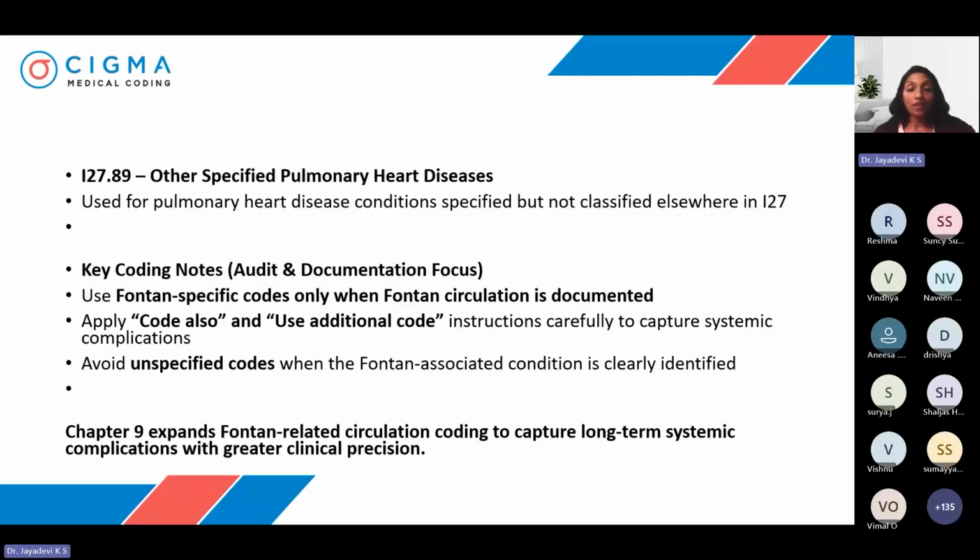Avoid any unspecified codes when a Fontan-associated condition is clearly identified. Now, this chapter 9 expands Fontan-related circulation coding to capture long-term systemic complications with greater clinical precision. These are new codes for Fontan-related conditions, very important. These are conditions that come as complications of the circulation established after surgery in congenital heart disease.